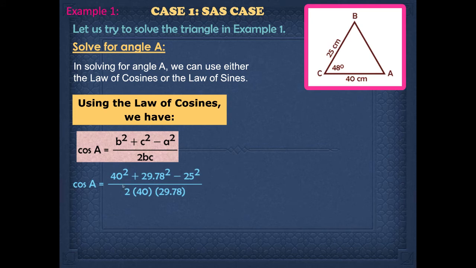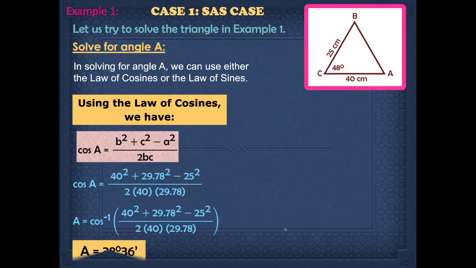So, by substitution, we will get this. Just replace the variables here with their given values. And to solve for angle A, again, we will use the inverse function. So A will be equal to the cosine inverse of this entire expression on the right.